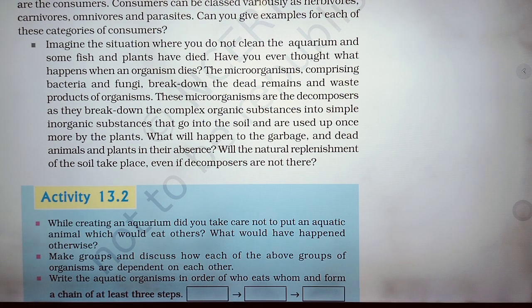Of course not, because when there are no decomposers, no replenishment of the soil takes place.